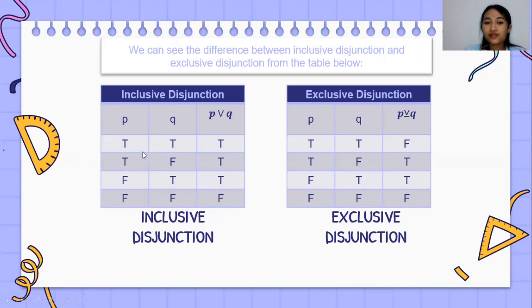And on the right, the table of exclusive disjunction. If P is true and Q is true, P or Q is false. If P is true and Q is false, P or Q is true. If P is false and Q is true, P or Q is true. If P is false and Q is false, P or Q is false.